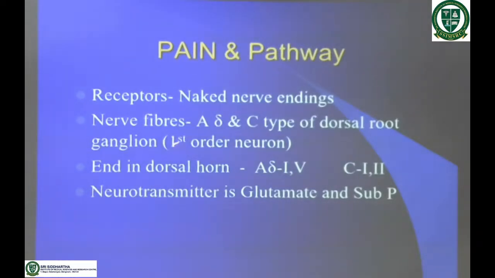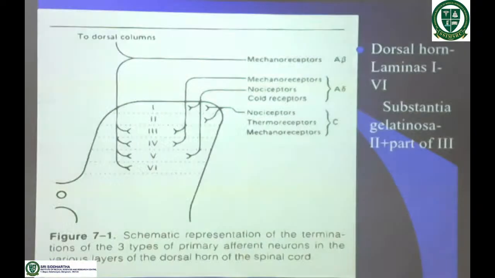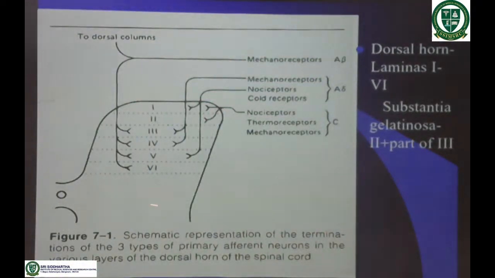Okay. So, the receptor for pain is naked nerve endings, and the nerve fibers are A delta, which carries fast pain, and C type, which carries slow pain. The neurotransmitters for this are glutamate and substance P. For the first order neuron, this is the lemniscus where the A delta and C fibers will respectively relay.